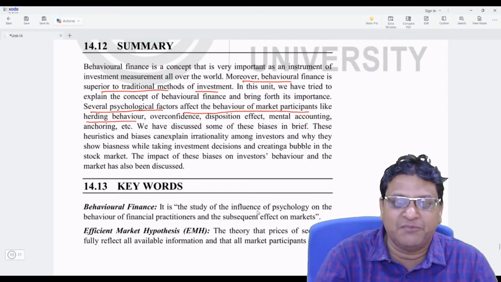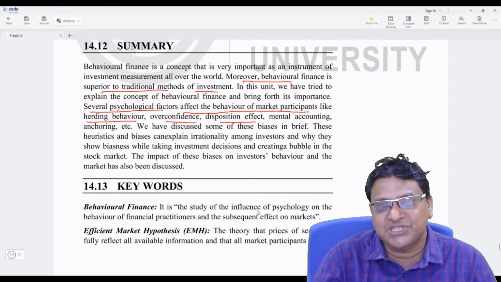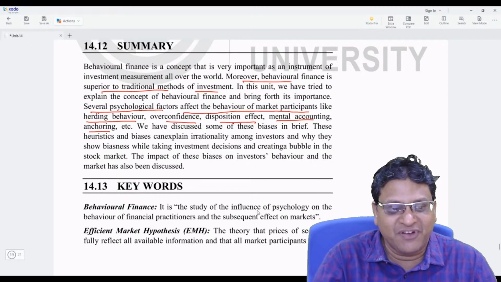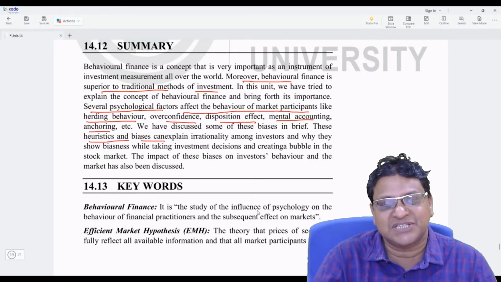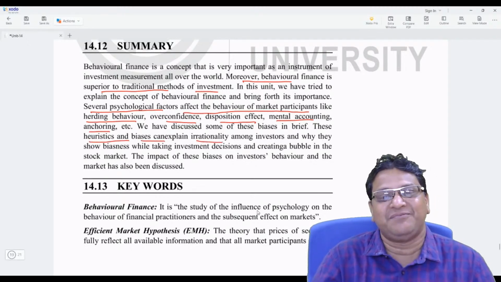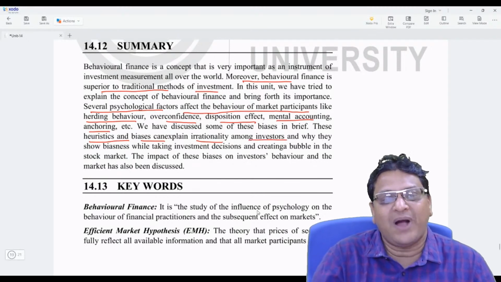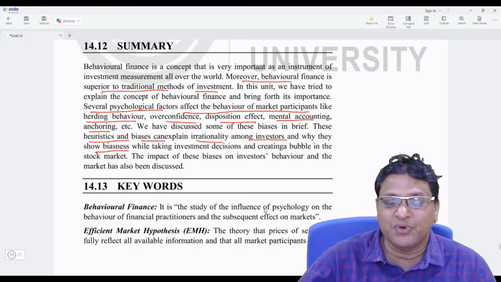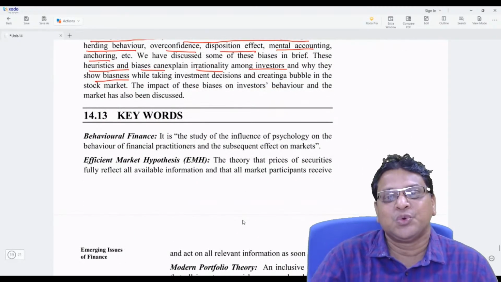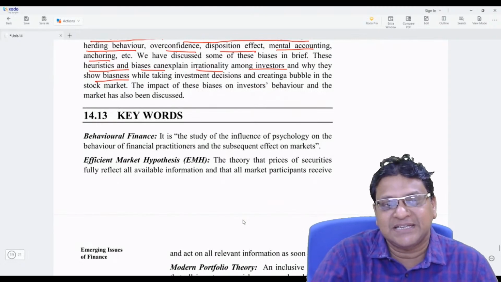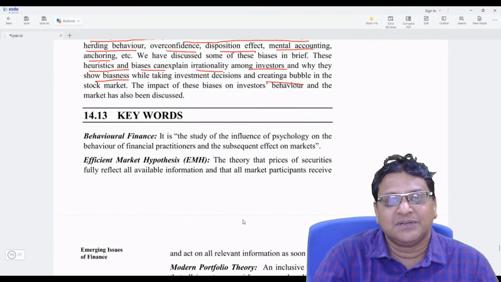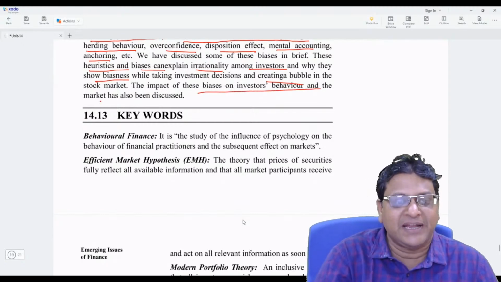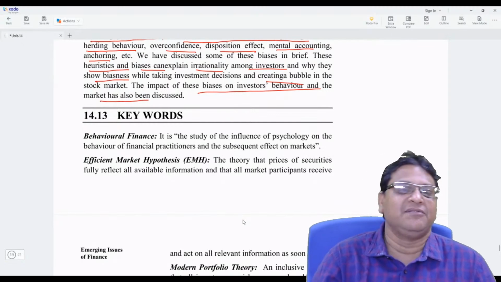It may be herding behavior, overconfidence, disposition effect, mental accounting, anchoring. We study different heuristics and biases which explain irrational behavior of the investor. Why they show irrational behavior in the market, as a result of which it gives an explanation to why bubbles arise in the market.